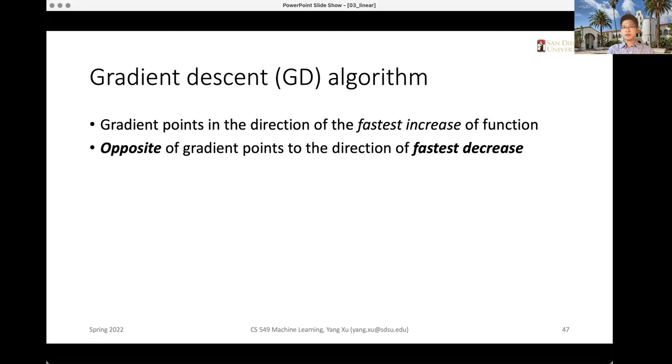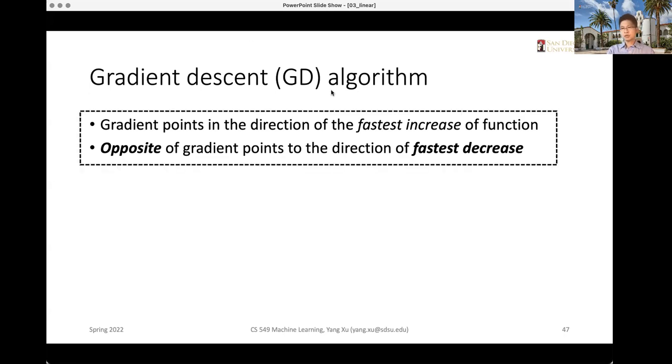The gradients always point in the direction of the fastest increase of the function. So it's a simple idea. If we walk against the gradients, opposite to the direction the gradient points to, then we are going towards the direction of fastest decrease.